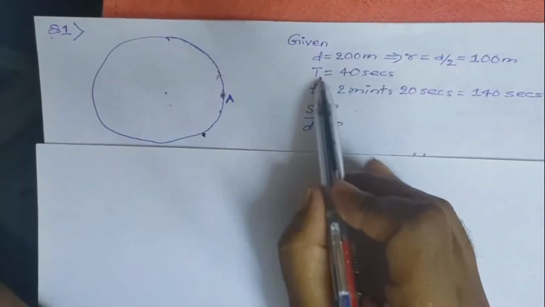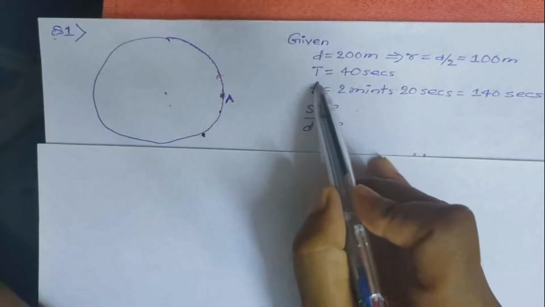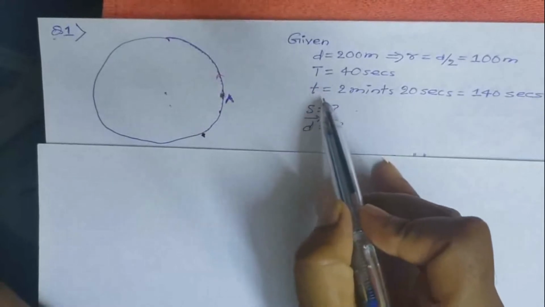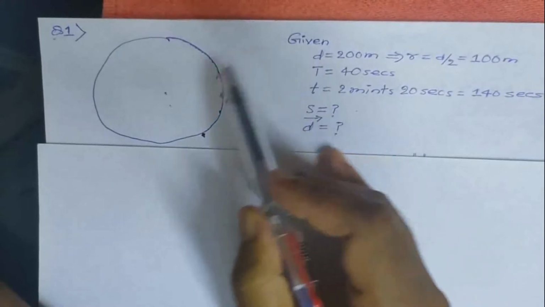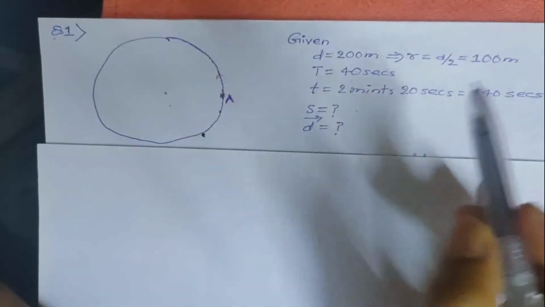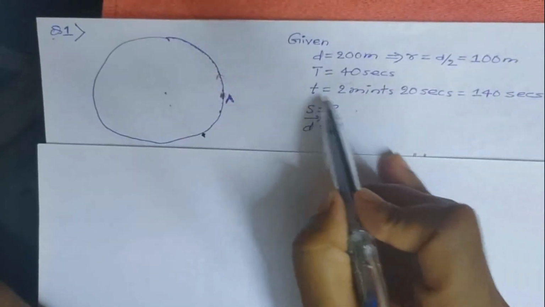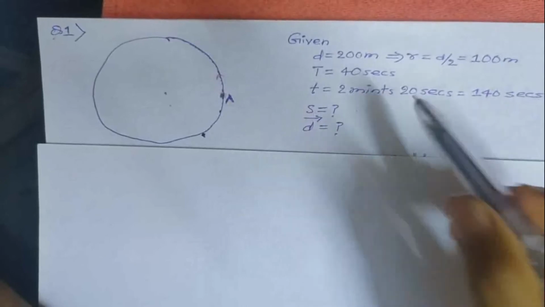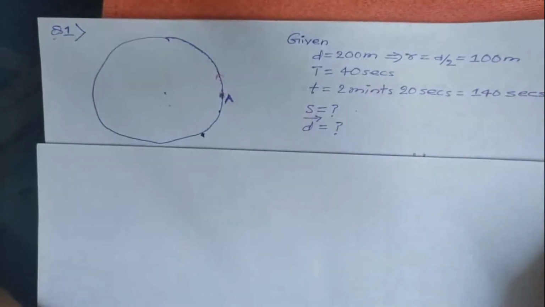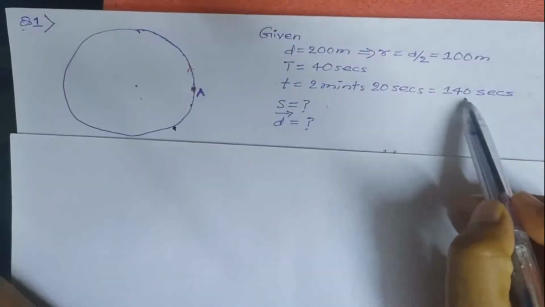I have denoted it with capital T. And the time duration in which we want to calculate the number of rounds completed is small t. It is given as 2 minutes 20 seconds. If you convert it into seconds, the SI unit of time, it will come out to be 140 seconds.